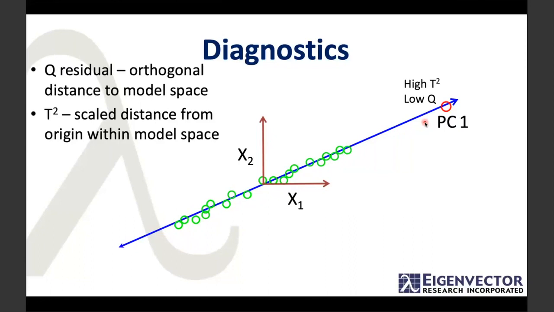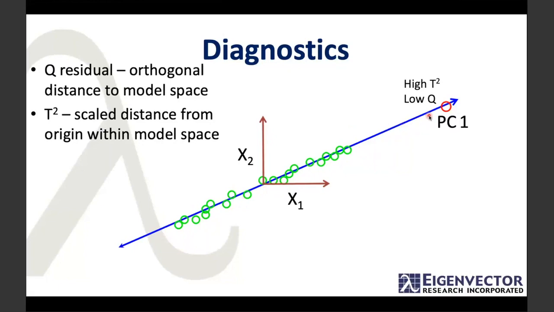So what I'm interested in pulling out from this data set is really the systematic variation in PC1, and I'm going to ignore the other direction, the other source of variation.